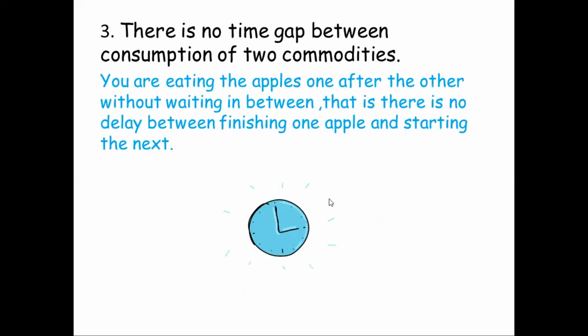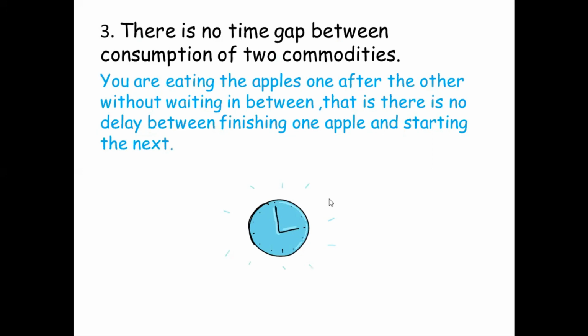Let's move on to the third assumption: there is no time gap between the consumption of two commodities. You're eating the apples one after the other without waiting in between, so there is no delay between finishing one apple and starting the next. Suppose there are six apples. I eat one apple, I complete eating it, and the very next moment I take the second apple and start eating.